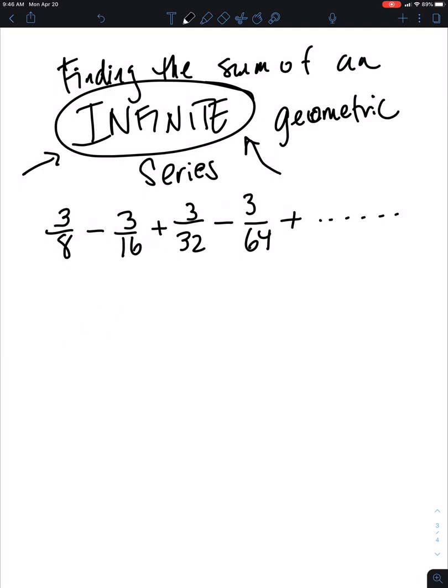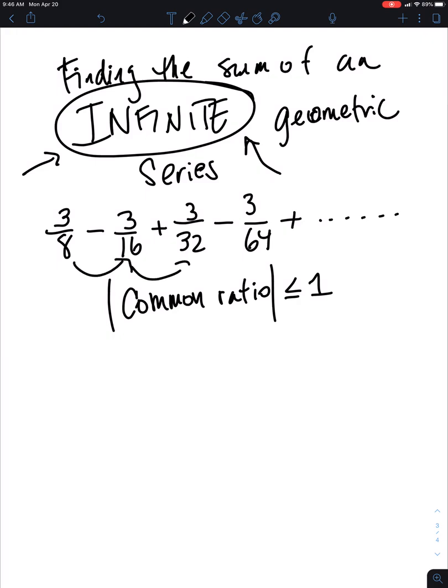Also, the thing with this is the common ratio has to be less than 1, the absolute value of the common ratio. So that means you have to be dividing something every time. If you're multiplying every time, the number's going to get bigger and bigger, and you can't add something that's going to get bigger and bigger.